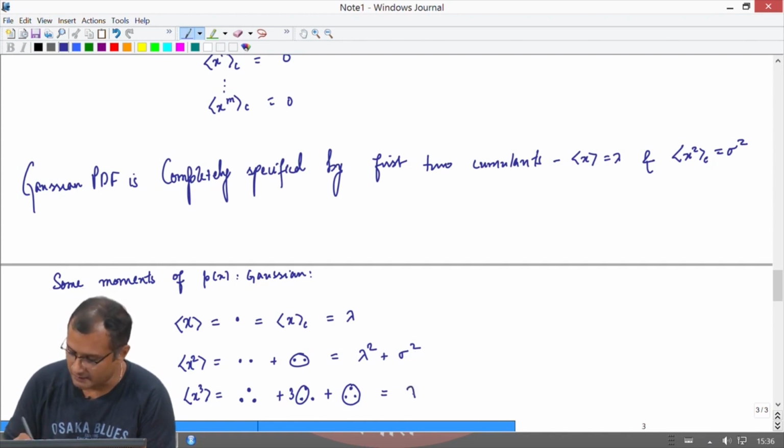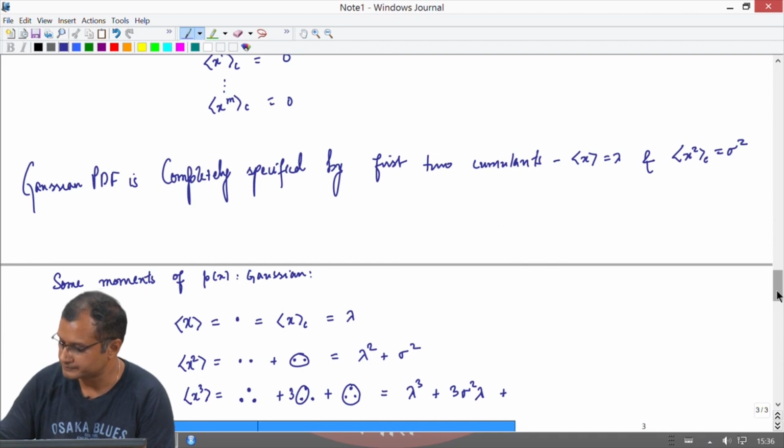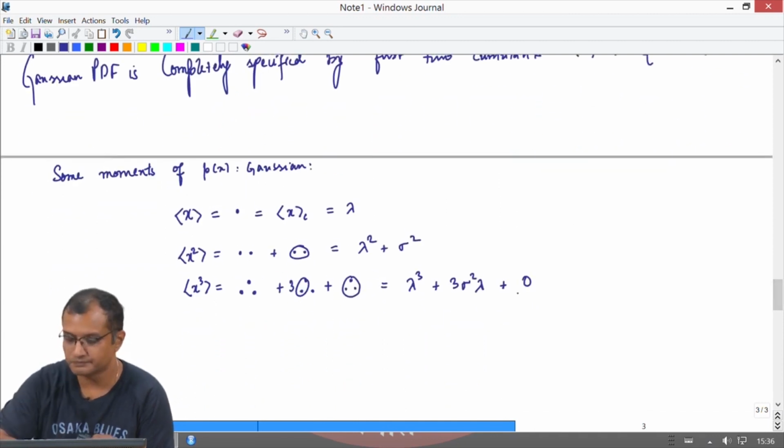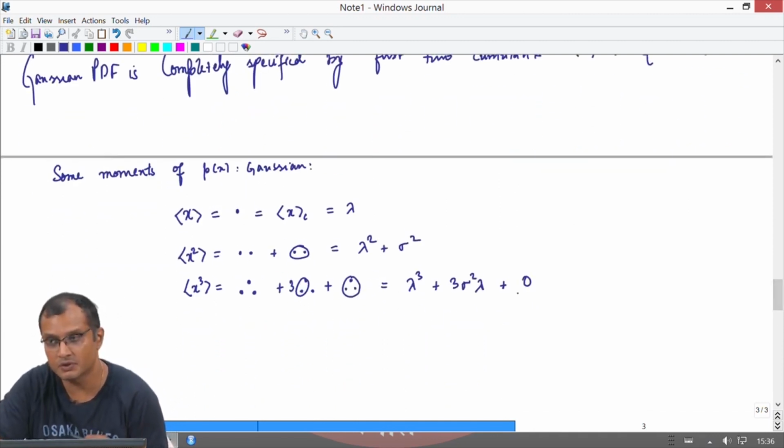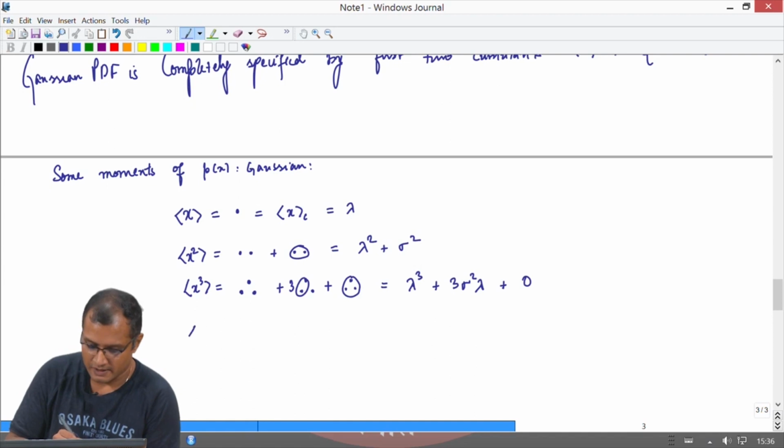So, that is lambda cube plus 3 times the second cumulant sigma square into lambda plus you have a third cumulant, which is 0. We have just shown that the cumulants above order 2 are all 0.